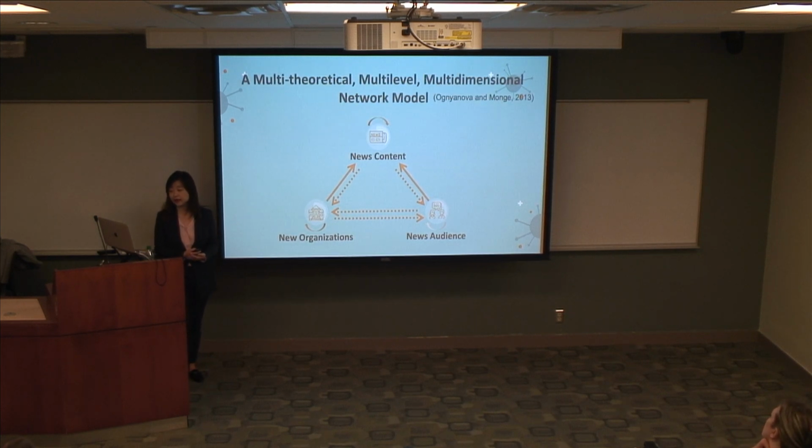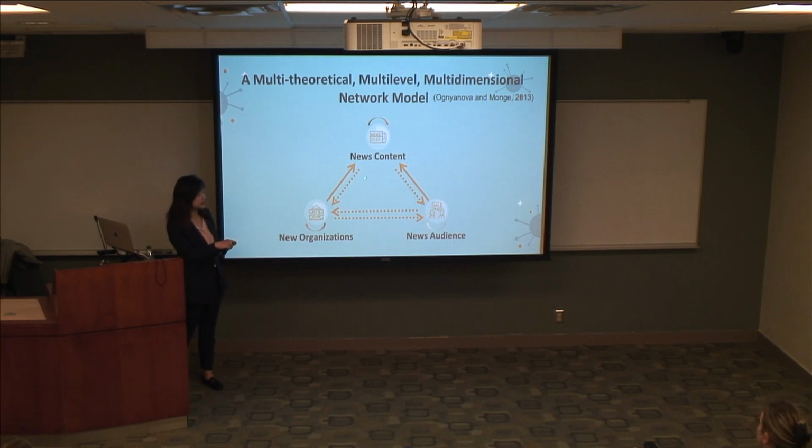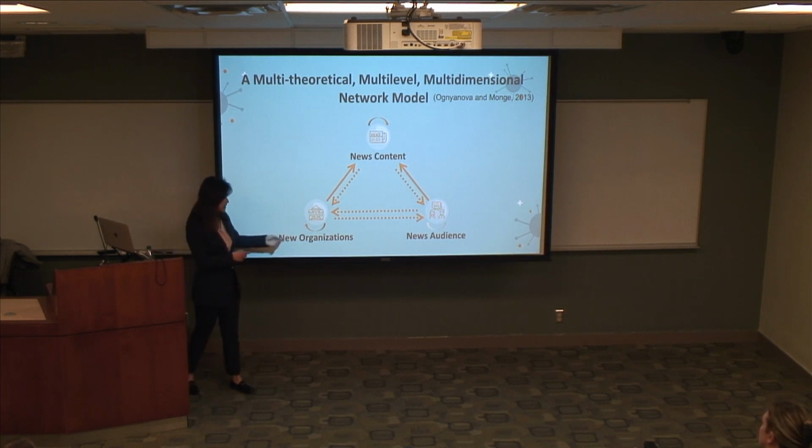So in this network model, we have three dimensions, like I just mentioned. I'll explain later how each of these can be considered as a network. The connections between these dimensions or sectors are also considered networks, like the network between news organizations and news content, and the network between news audience and news content.